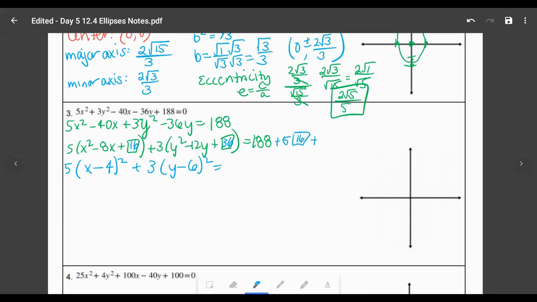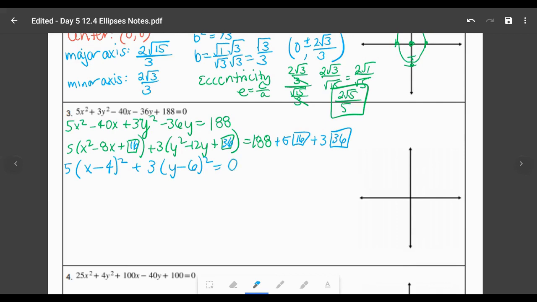And if I add a 36, it's really 3 times 36. So I'm going to add up 188 plus 80 plus 108, which actually gives us a 0.